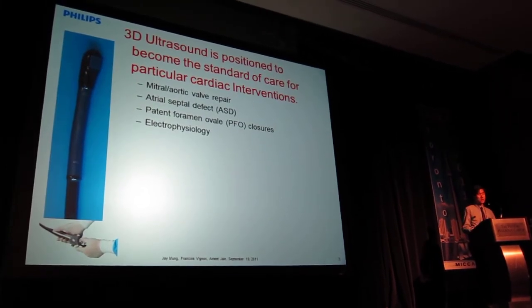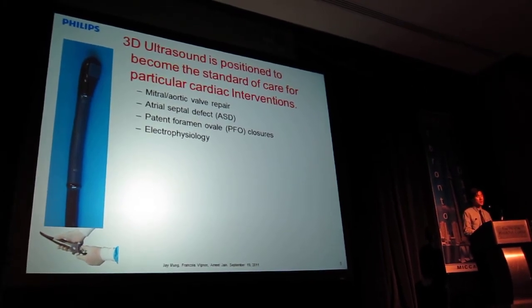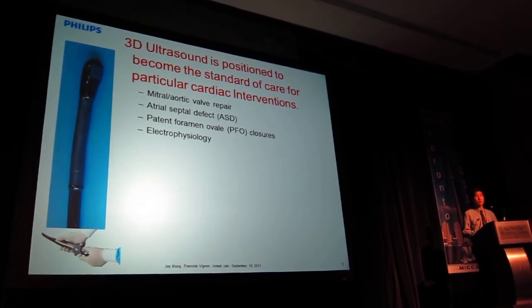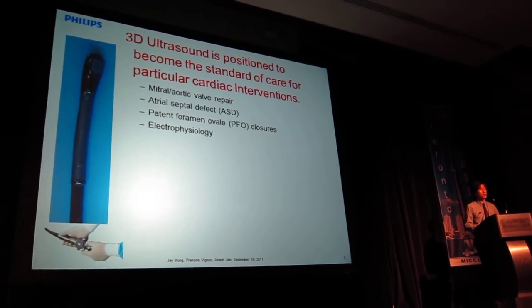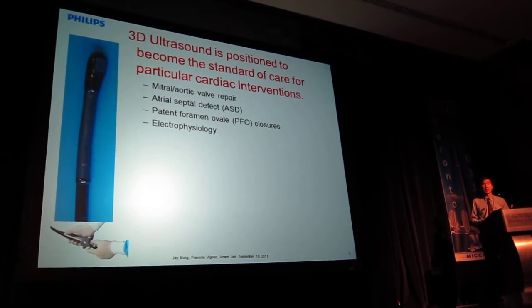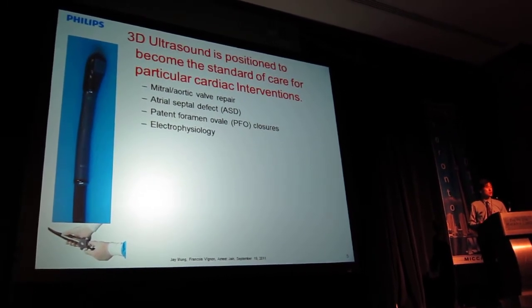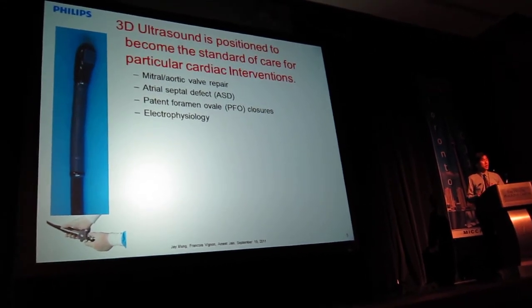So 3D ultrasound is positioned to become the standard of care for particular cardiac interventions, specifically transesophageal echo, where the heart is imaged with an ultrasound probe that's placed inside the esophagus, which has demonstrated benefit with structural aortic, mitral and aortic valve repair.